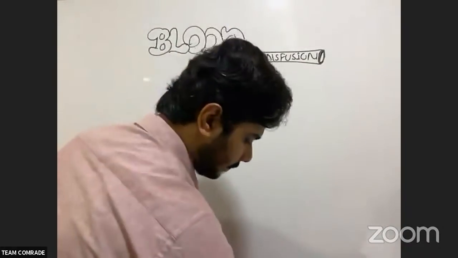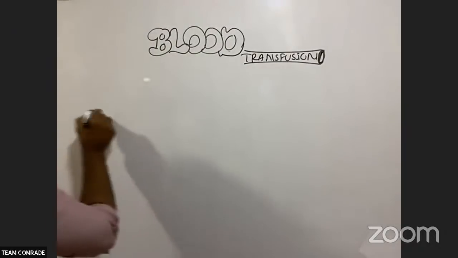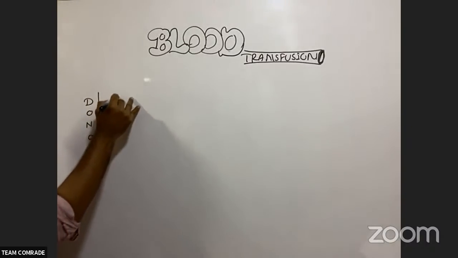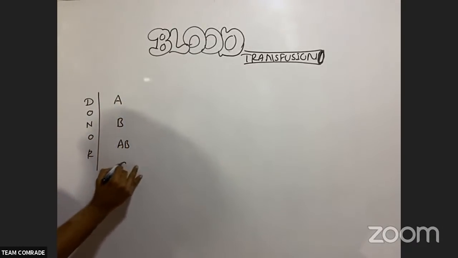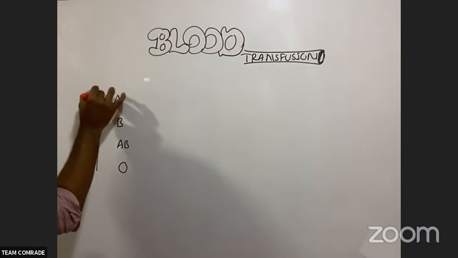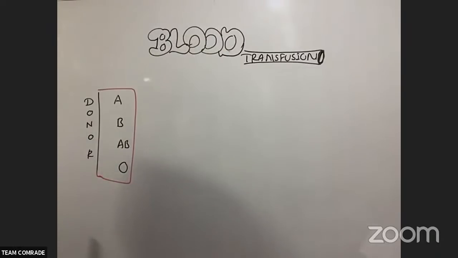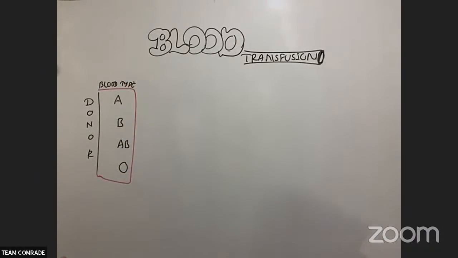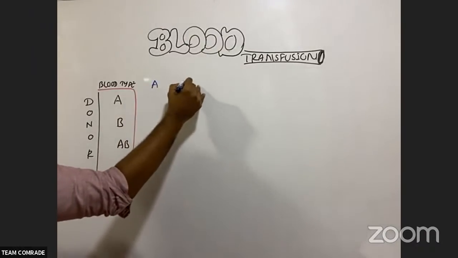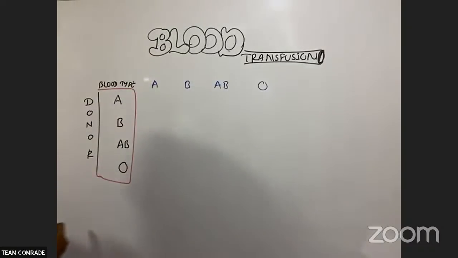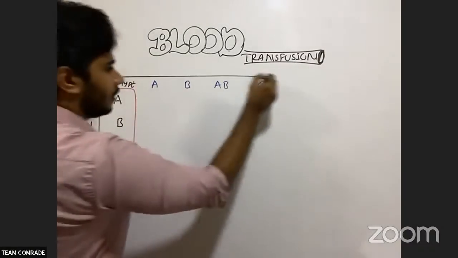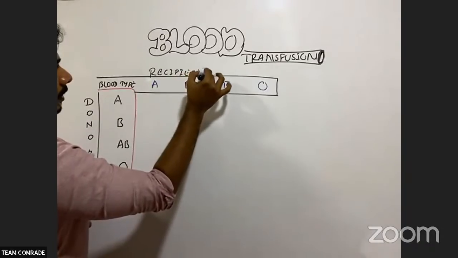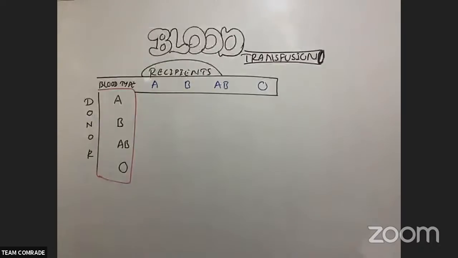If I am the donor, I might have the blood groups A, B, AB, and O. On this side also it can happen like this: recipient A, B, AB, and O, who is going to get the blood. This area we call recipients.